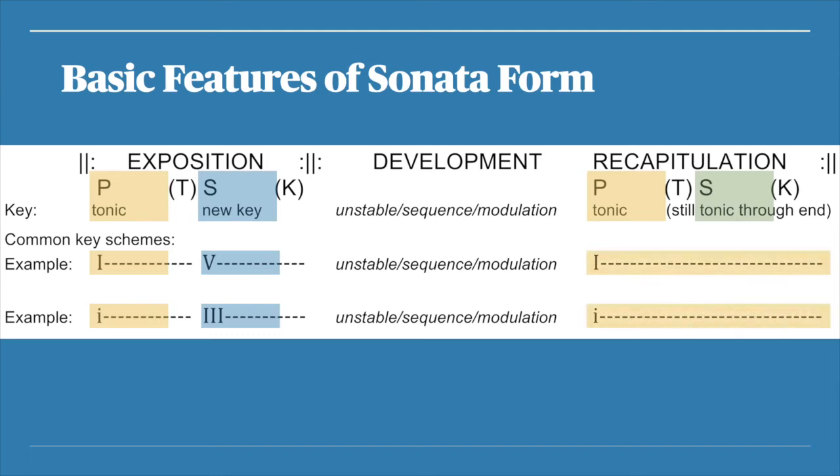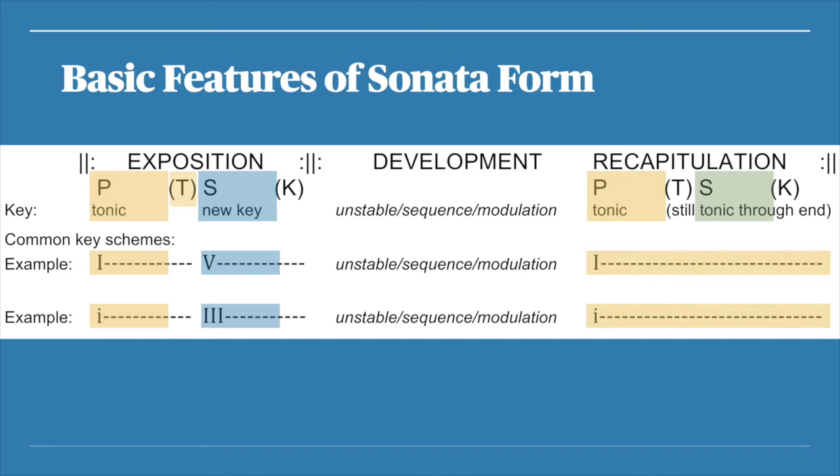So the entirety of a recapitulation in a typical sonata form design would be that the entire recapitulation is in tonic, and we no longer have that harmonic contrast or that drama created by the modulation.